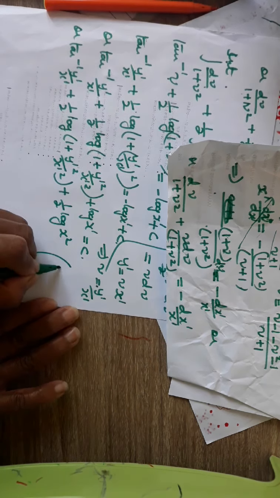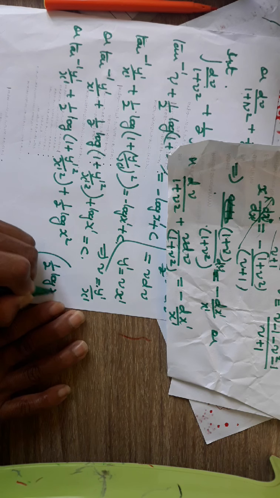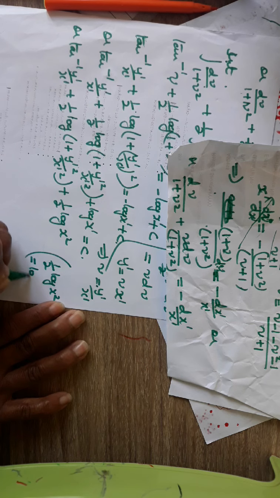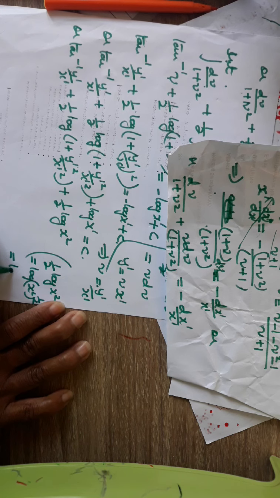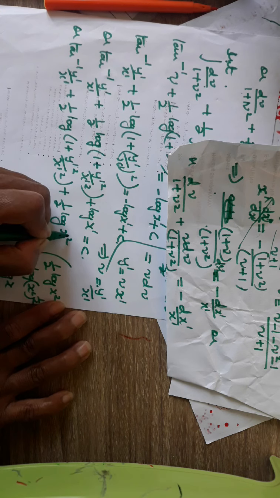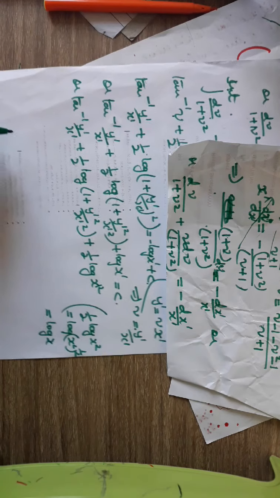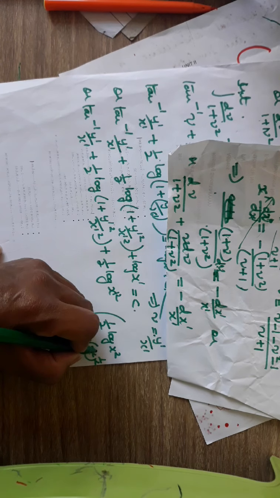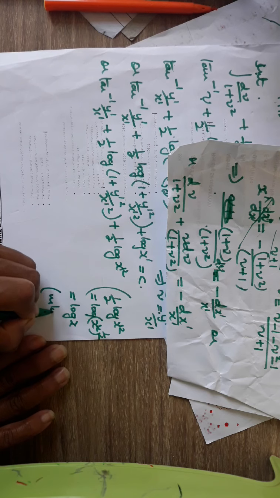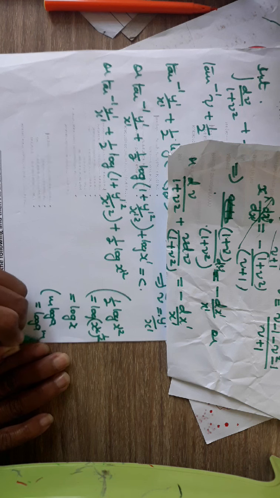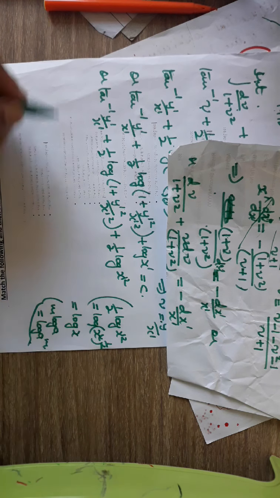Why? Because half log of x prime square is nothing but log of x prime square to the power 1 by 2, which is equal to log x prime. That is of the form m log a is equal to log a to the power m, using these properties of logarithm.